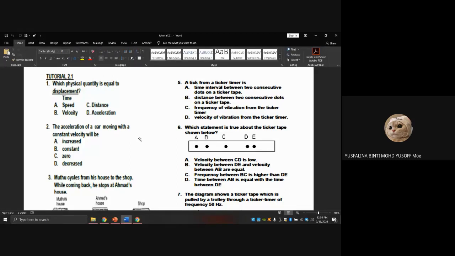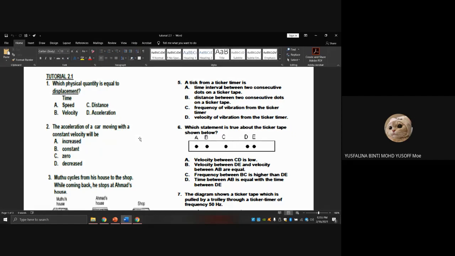Because speed is distance divided by time and velocity is displacement divided by time. Speed is actually a scalar quantity, which means we ignore the direction, only the magnitude. But velocity is a vector quantity, so you have to consider the direction and also the magnitude.